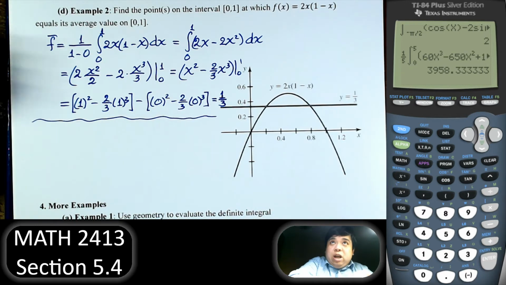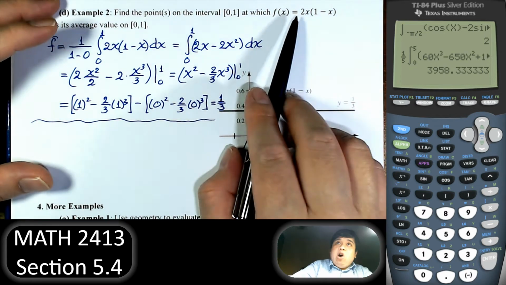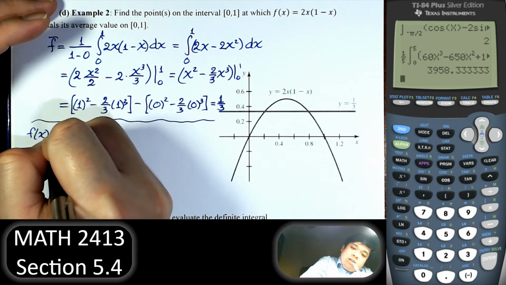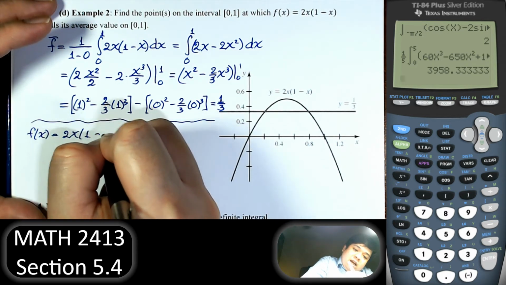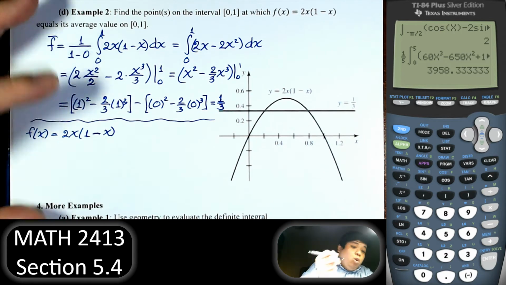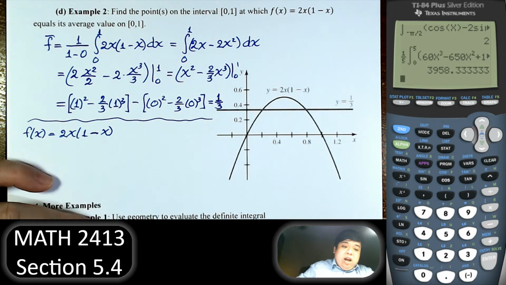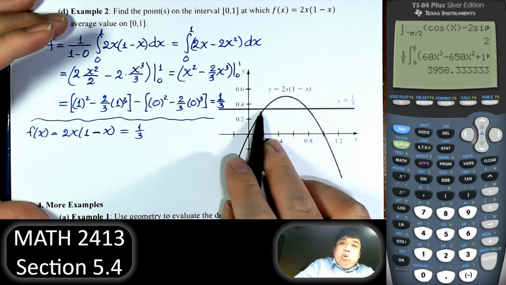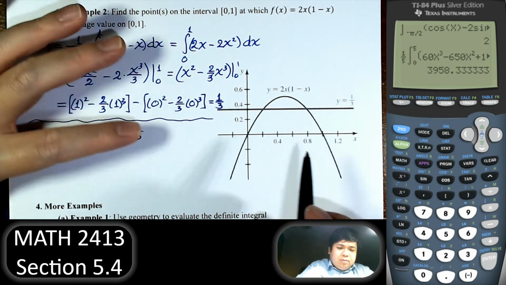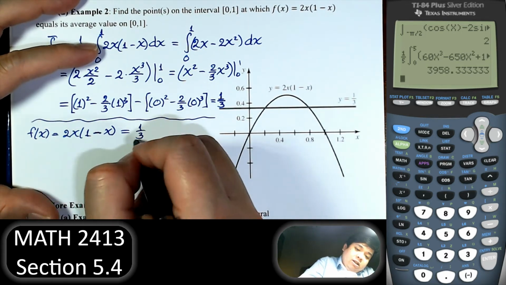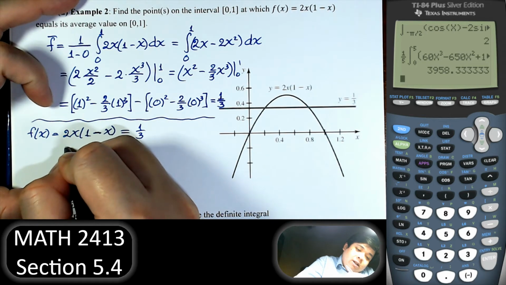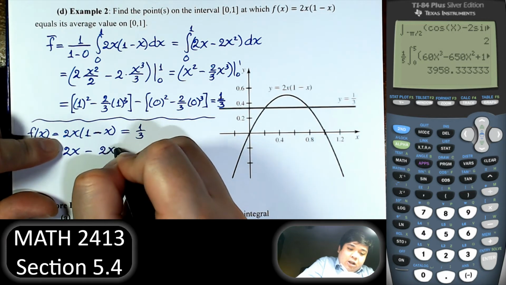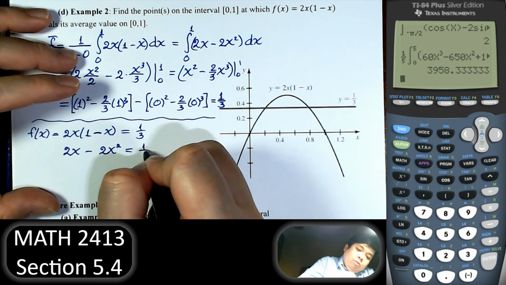Now, according to that theorem, there will be a point where the function is equal to the average value. So the function is 2x times (1 minus x). There will be a point that is equal to the average value, meaning equal to 1 over 3, and there will be a solution for that. So multiply this out: 2x minus 2x squared equals 1/3.